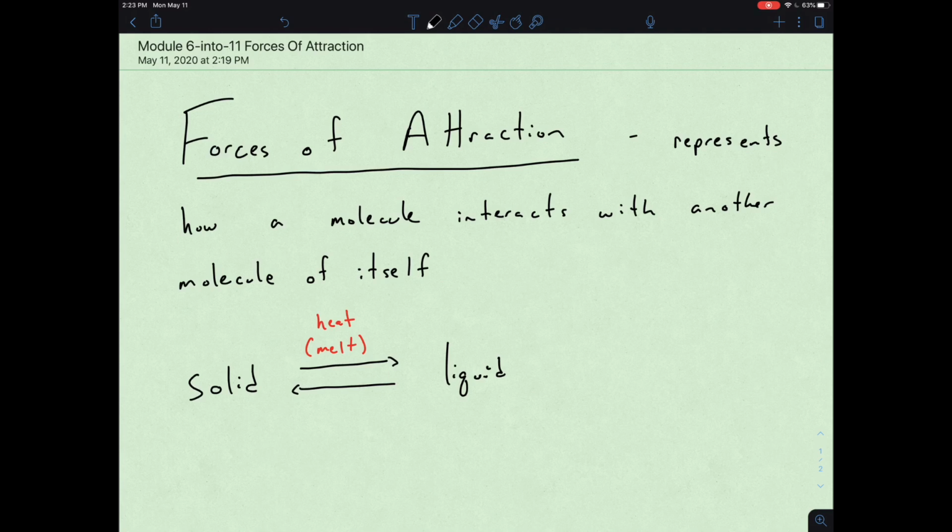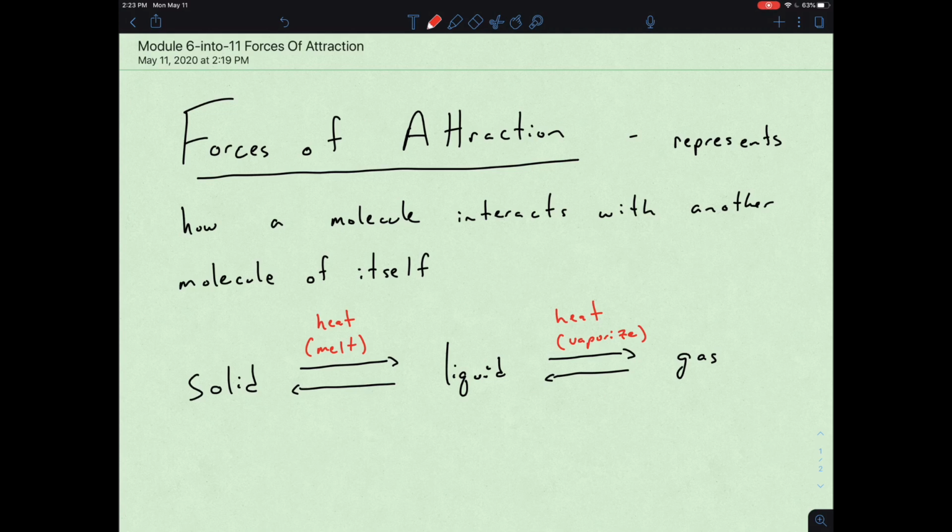I'm changing a phase, a state, solid to liquid, but I'm not changing the molecule. And if I add some more heat, I can vaporize the liquid and turn it into gas. So that's the transformation from solid to liquid to gas. I can just add heat and go through these phases.